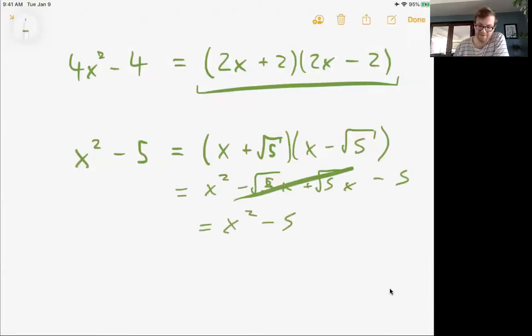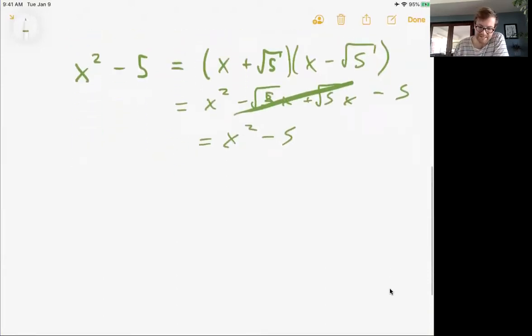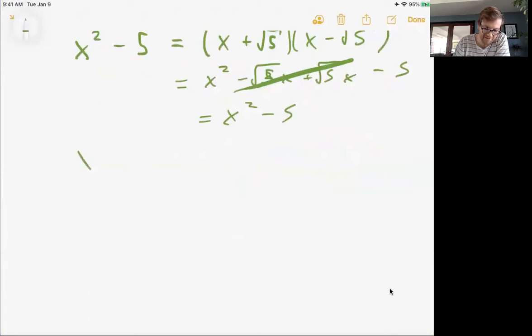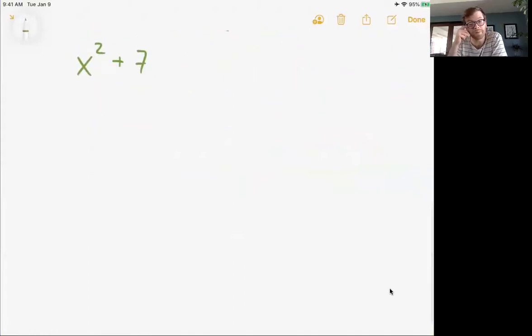The other thing that you can do is you don't even need the difference. Check it out. Suppose I had x squared plus 7. Again, this is not normally the kind of problem that you would think, oh, I can do difference of two squares on this. But you can. You could say, okay, well, I could call that x squared minus a negative 7.